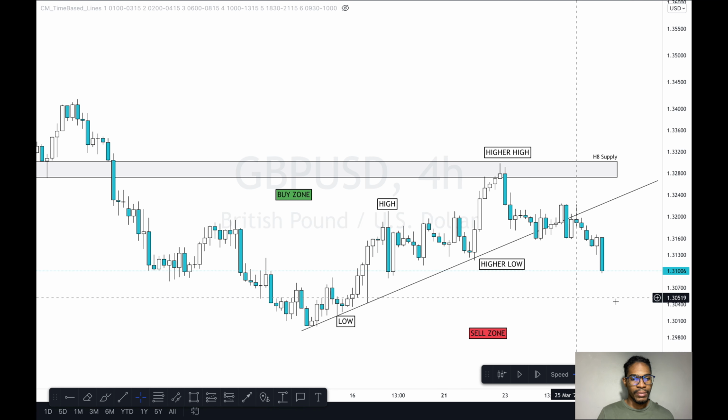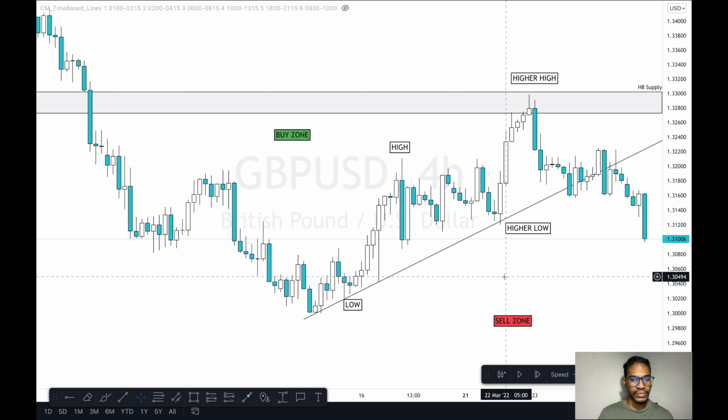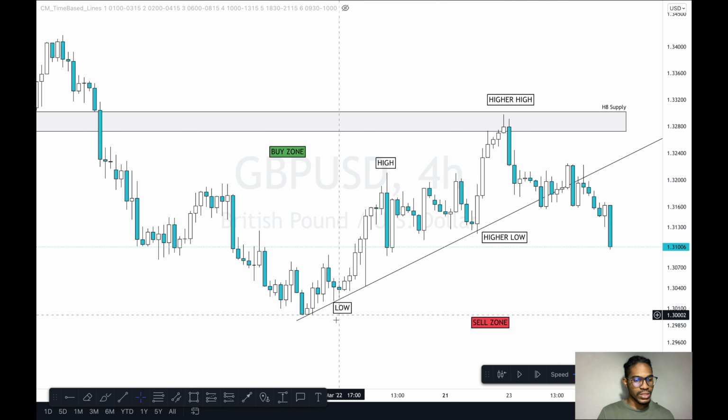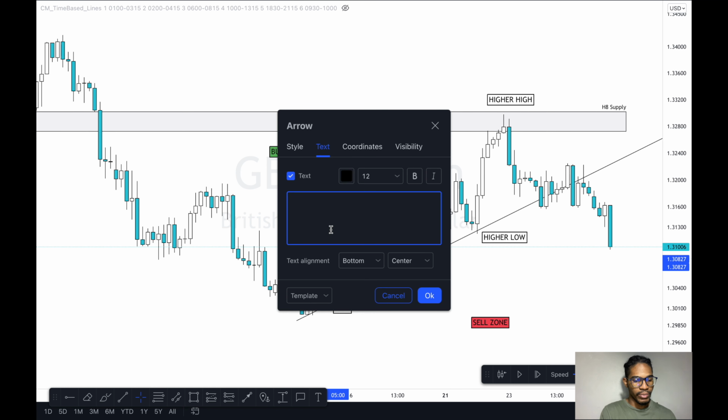Now let me quickly break down the H4 uptrend. So price was bearish. However, on H4 we broke structure here. This was a supply zone on H4. So we had a break of structure.